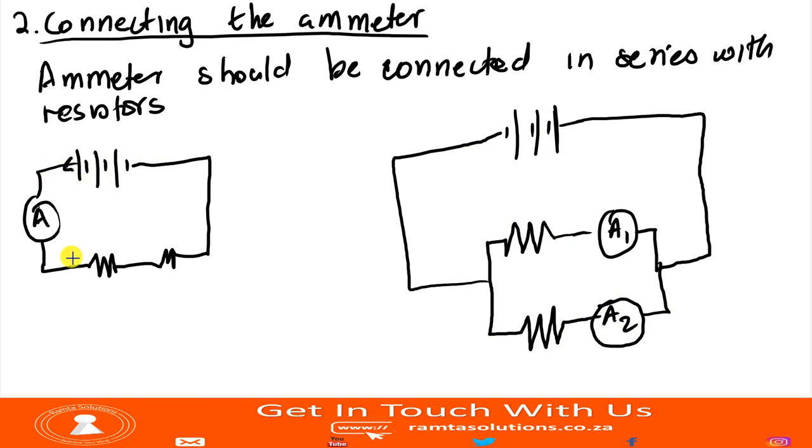Let's call these resistor R1 and resistor R2. As you can see, this ammeter is connected in series with resistor R1, and this ammeter is connected in series with resistor R2.